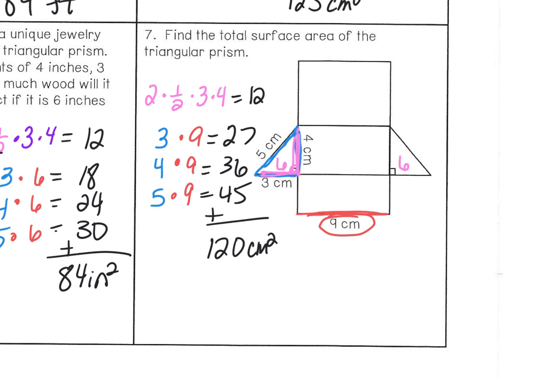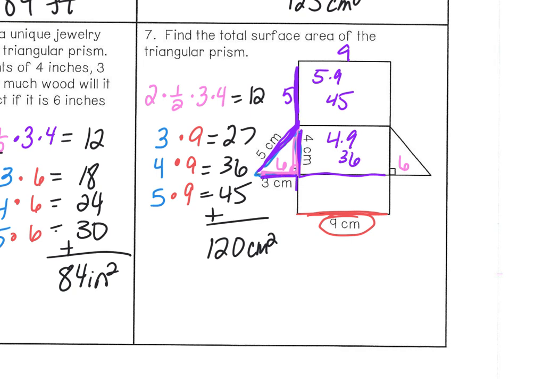Now we're going to go to each of these rectangles. Because if I was to fold this up, this is a 5, because it lands with this. Okay, we've got our paper ones we were working on the other day. So 5 times 9 is 45. This one is 4 by 9, so 4 times 9 is 36.